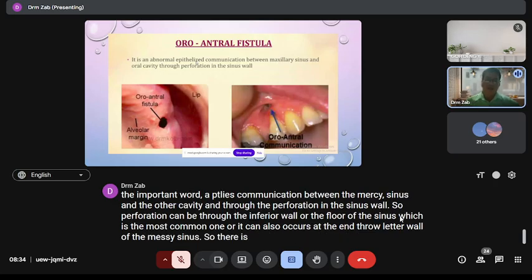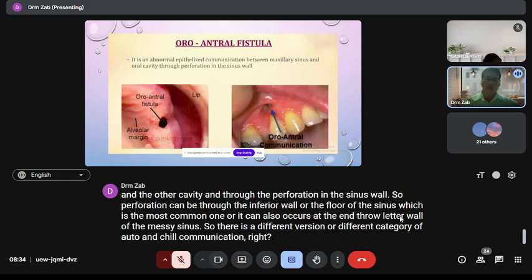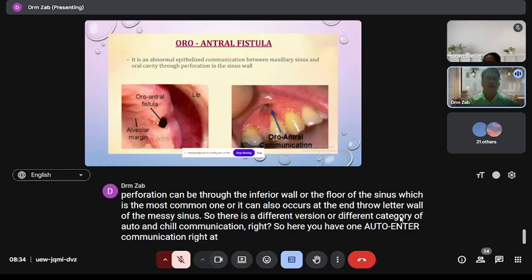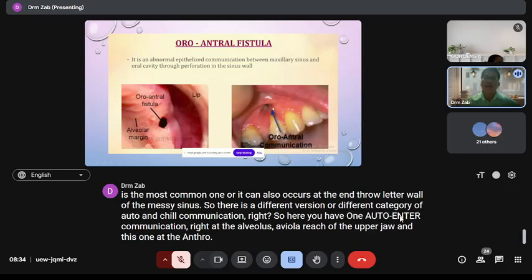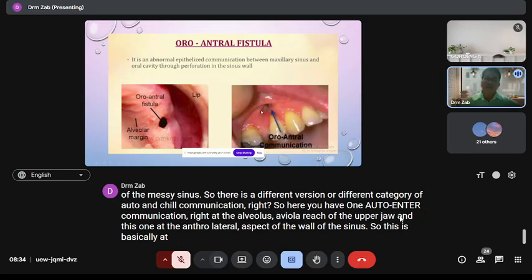That is a different category of oro-antral communication. Here you have one oro-antral communication right at the alveolar ridge of the upper jaw, and this one at the anterolateral aspect of the wall of the sinus. This is basically at the vestibular region.